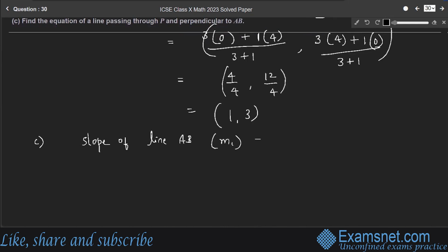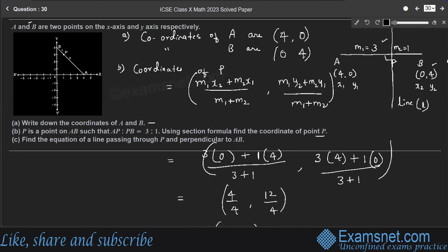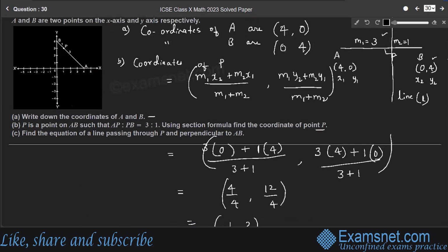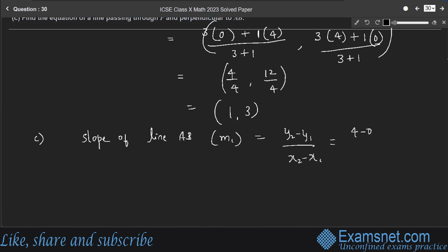The formula says (y2 minus y1) divided by (x2 minus x1) gives the slope of a line. Here y2 minus y1 is 4 minus 0 and x2 minus x1 is 0 minus 4. Therefore, it is 4 by minus 4, which is -1.